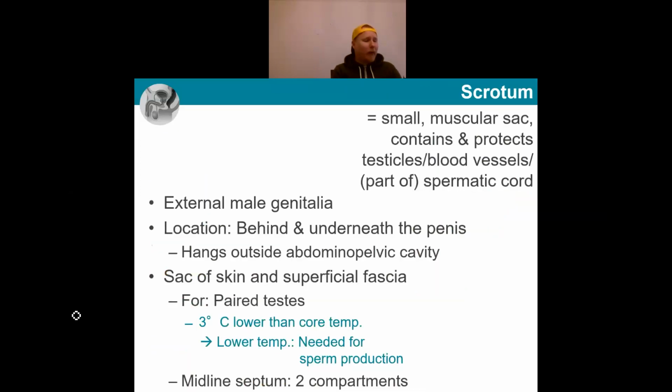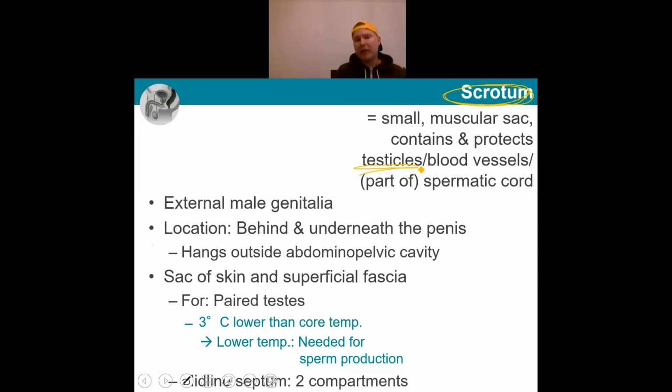So I want to say a couple of words about a few other important structures that we should know when we talk about the male reproductive system. So first of all, let's have a look at the scrotum a little bit. So this is this muscular sac that contains the testicles. In addition, there is a blood vessel supply there and part of the spermatic cord.